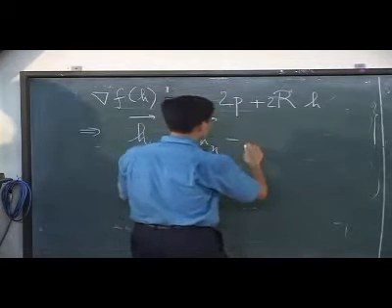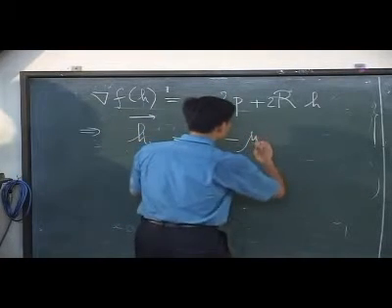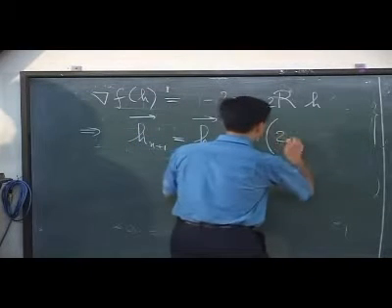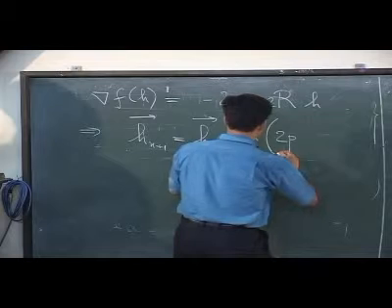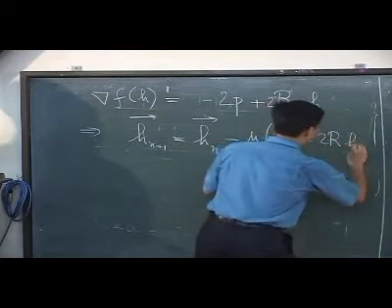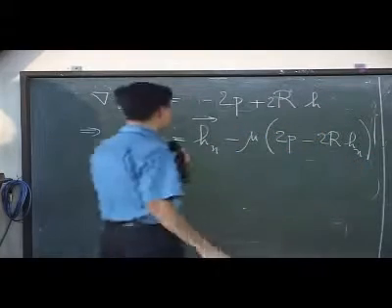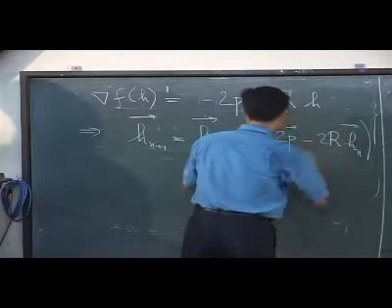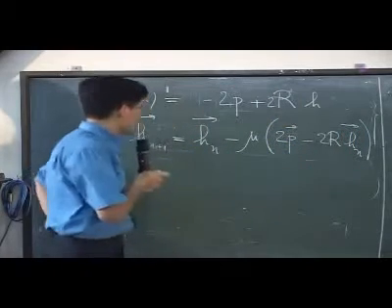So that will actually become minus mu times minus 2p plus 2R h of n. Okay. That's how I do it.